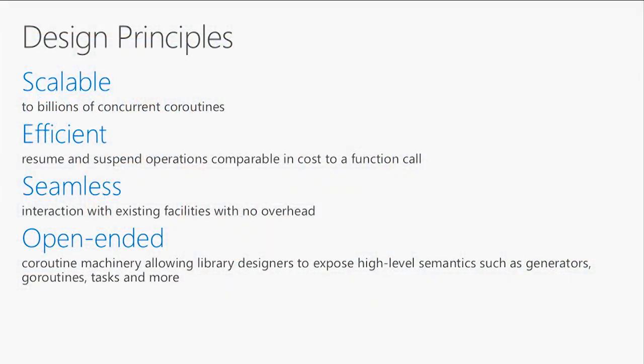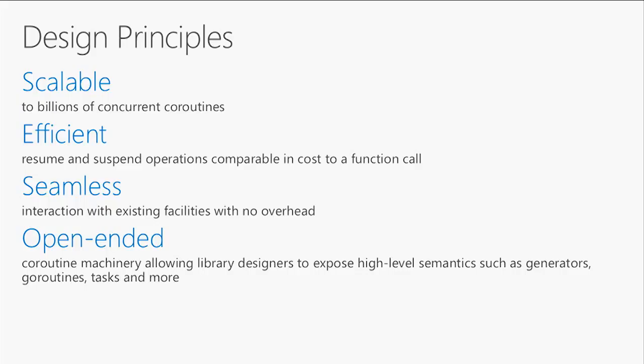Finally, we didn't want to tie coroutines to any particular libraries because we wanted to make the scope where coroutines can be used very, very large. So if you are in kernel mode, writing drivers, you can use coroutines because they're open-ended.